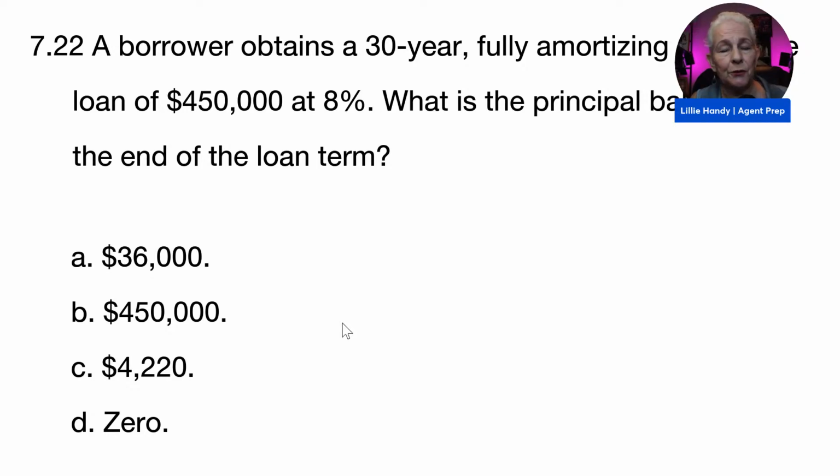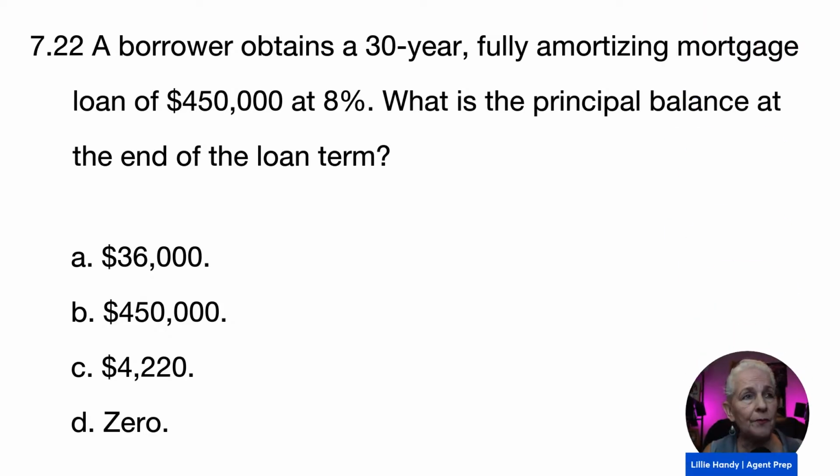Number 22, a borrower obtains a 30-year fully amortizing mortgage loan of $450,000 at 8%.